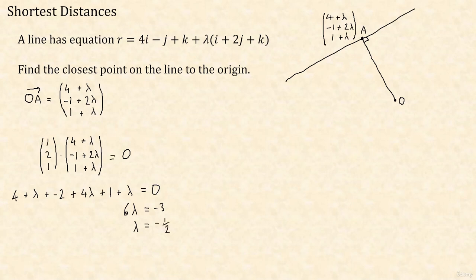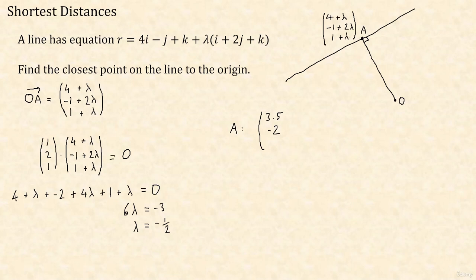So there's lambda. And so if I want to work out the position of A, I can just sub lambda equals negative a half into this coordinate up here. So 4 plus negative a half, so that's 4 minus a half is 3.5. Minus 1 plus 2 lots of negative a half, so that's minus 1 minus another half is minus 2.